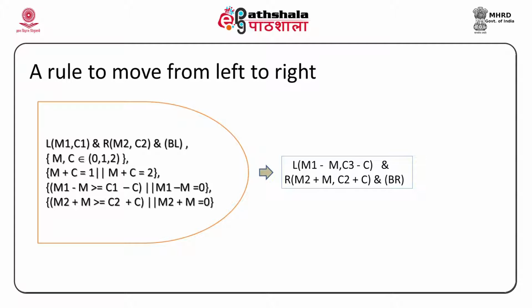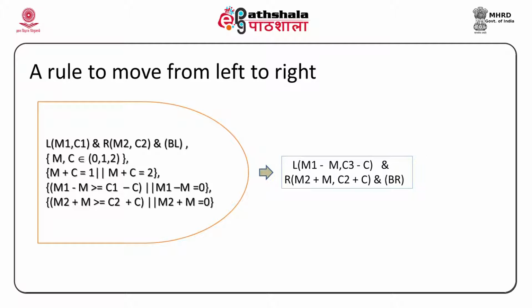On the left hand side we had M1, M is subtracted, and it is added on the right hand side. Similarly, the number of cannibals C is subtracted from the left hand side and added on the right hand side. So, that means M missionaries and C cannibals are moving from left hand side to right hand side. This is precisely what we want, and the boat moves to the right side. So, this is exactly what I have on the right side.